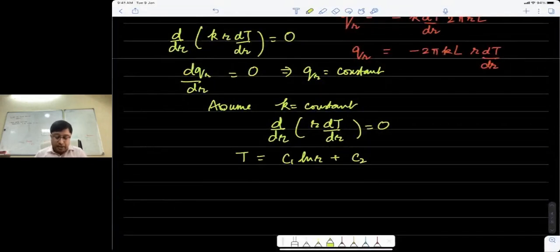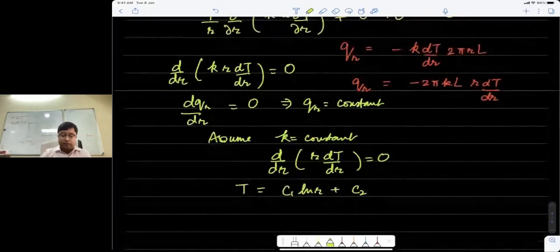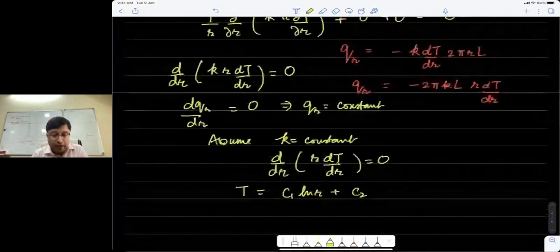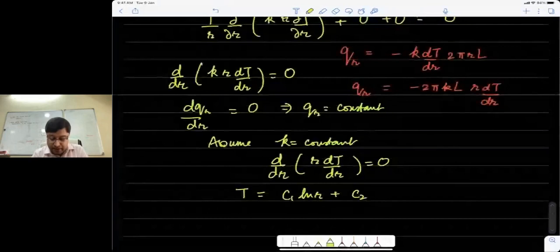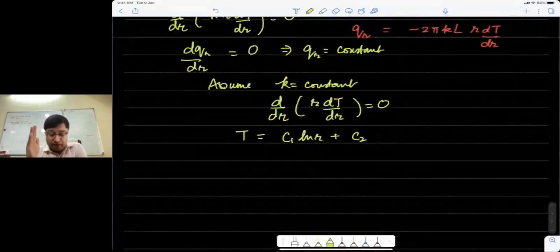Now, how do we determine C1 and C2? We'll go back to boundary conditions, but instead of writing boundary conditions in terms of the heat transfer coefficient, which I will invoke later, not yet, I will go back to the same thing that I did in the case of heat transfer in a plane slab. I would say that the two surfaces across which conduction is taking place would have a fixed temperature, even though the temperature may not be known yet, but the temperatures there will be time invariant because it's steady state.